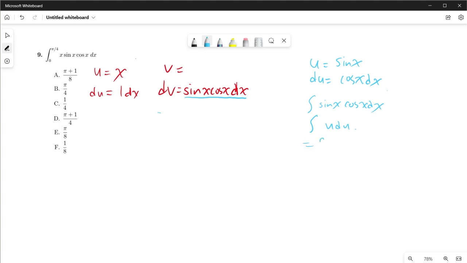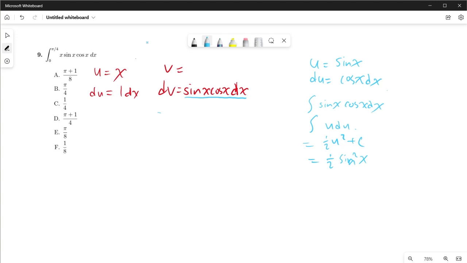That would be 1/2 u squared plus c, and then that would be 1/2 sine squared x.